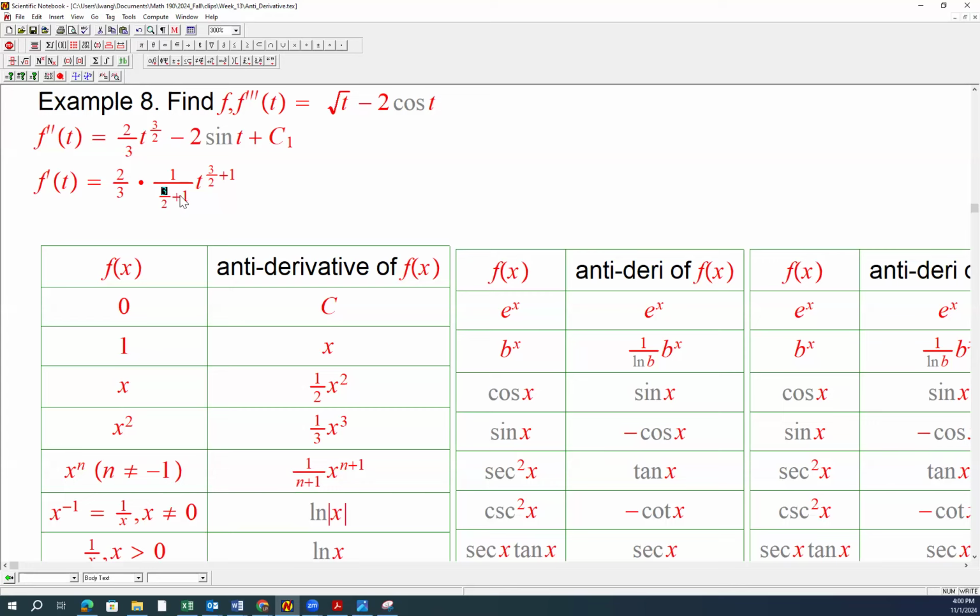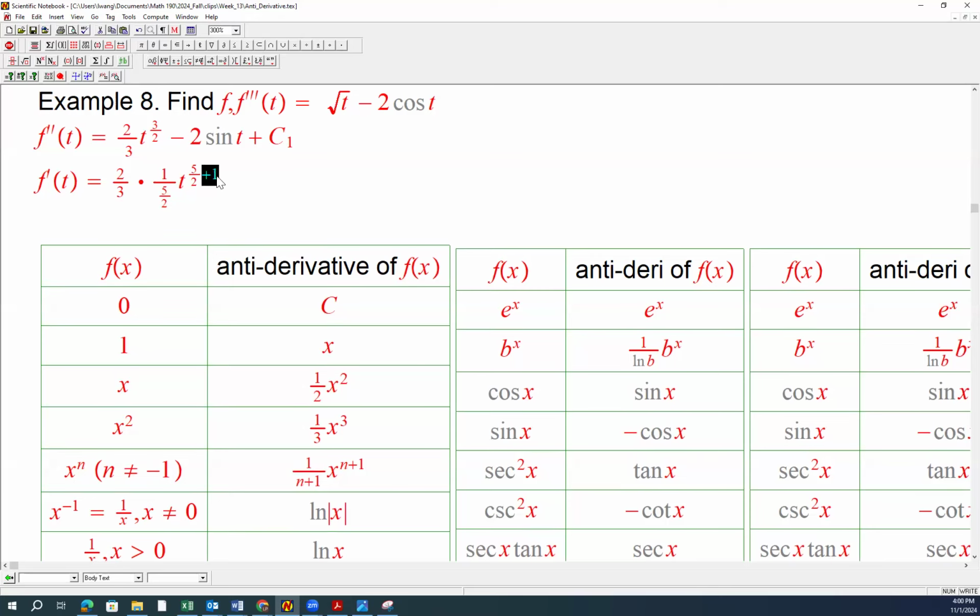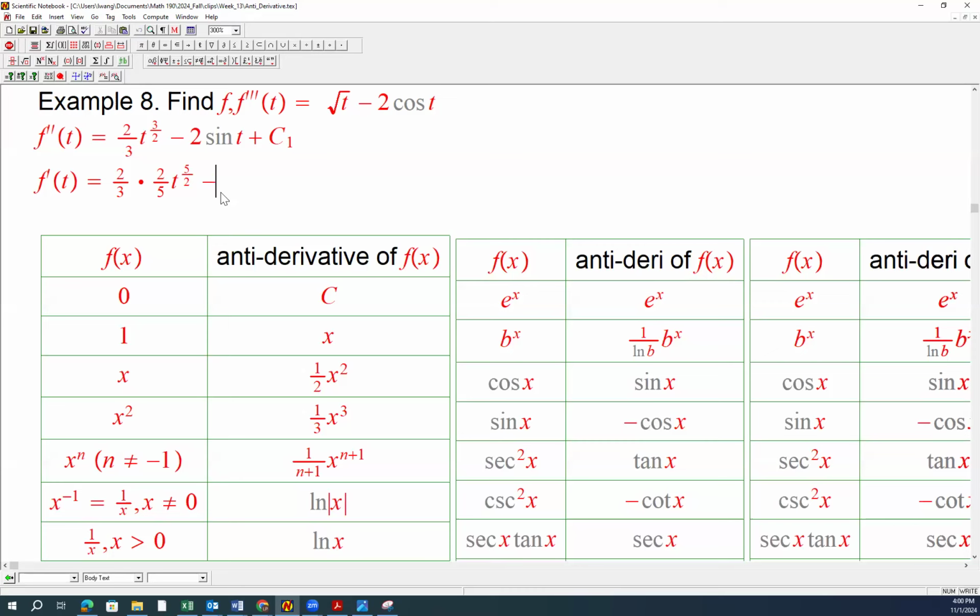So 1 over 5 half is 2 over 5, minus 2 times the antiderivative of sine, which is negative cosine t, plus c1 t plus c2. Here it is minus 2 times negative cosine t, so negative will make positive.